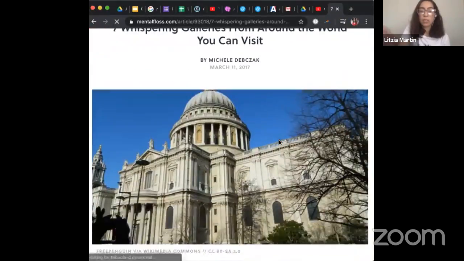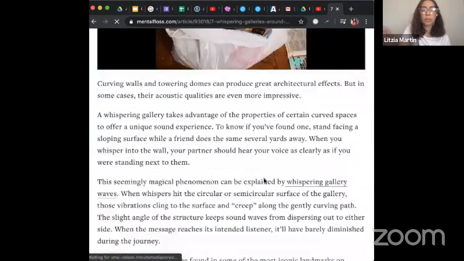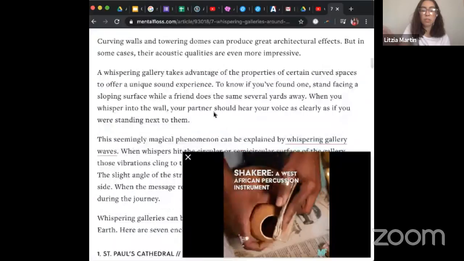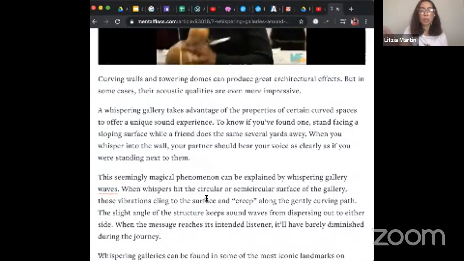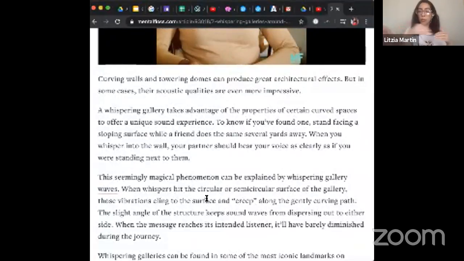Okay, actually, before we watch the video, which I have here, let's talk about whisper galleries a little bit. It was in the video that we saw at the beginning of this unit. We have some worldwide examples. It has to do with the architecture of the room.